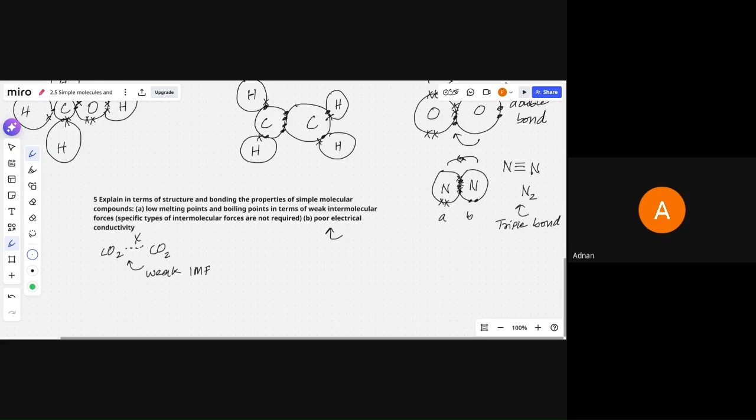Like we learned in ionic bonding, that ionic compounds can conduct electricity in a molten state. They don't conduct electricity in a solid state because the ions cannot move. But in a molten state or in aqueous solutions, when they are dissolved, they can conduct electricity. The reason is that the ions can move. But in this case, we don't have any ions. In covalent bonding, there are no ions.